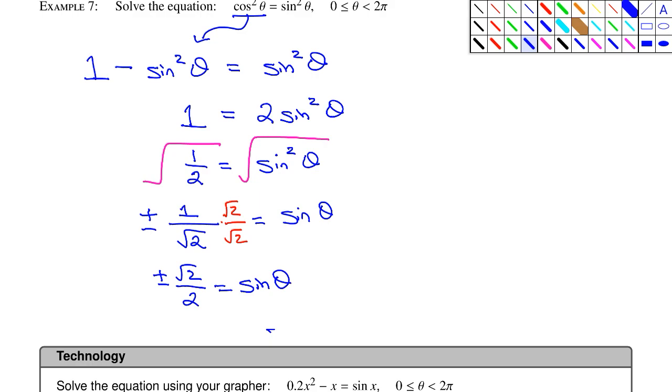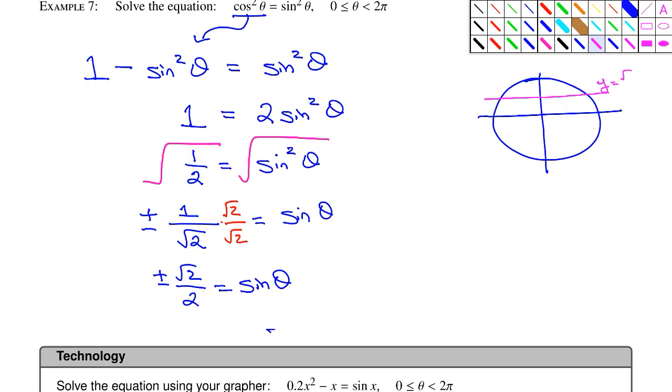So this is on the unit circle. And actually there are two different occurrences of this. Sine is y, so we want y equal to root 2 over 2, but we also want y equal to the negative root 2 over 2.